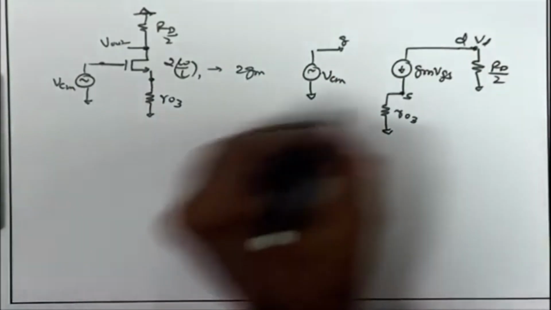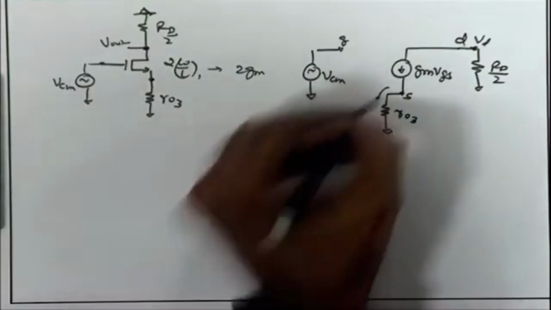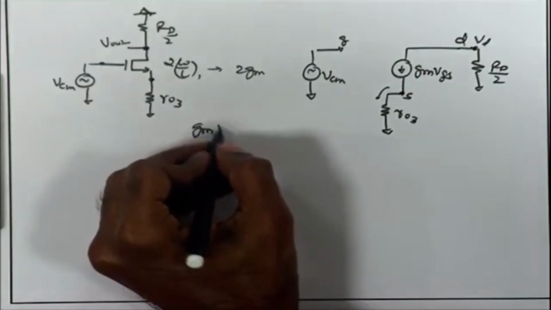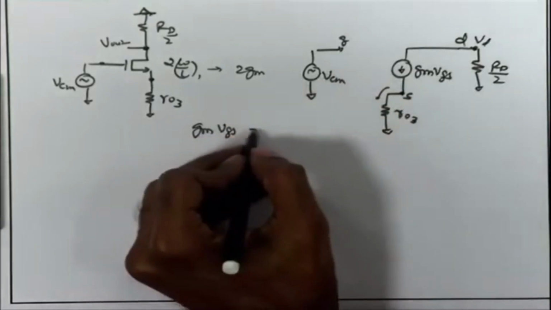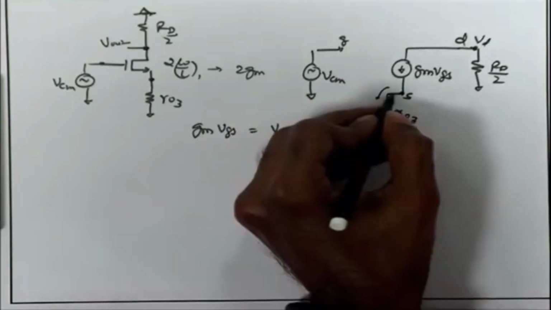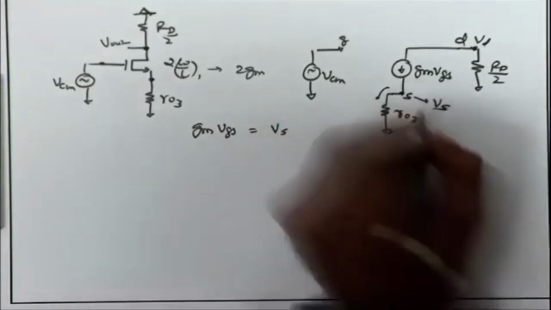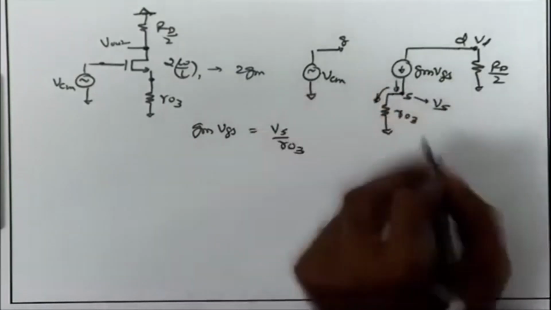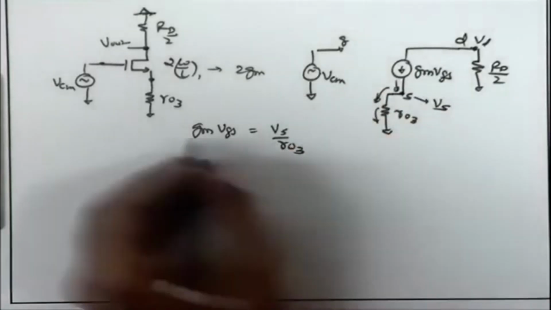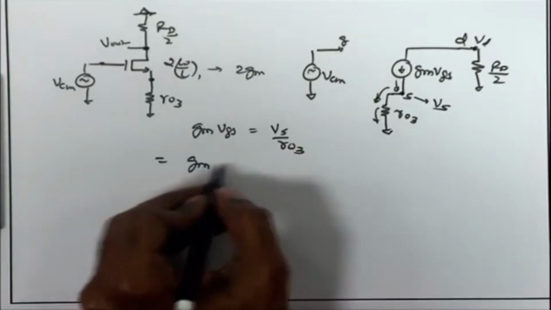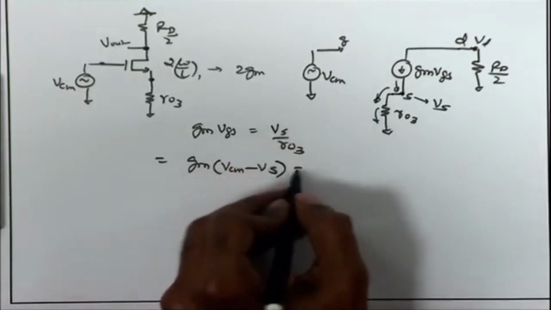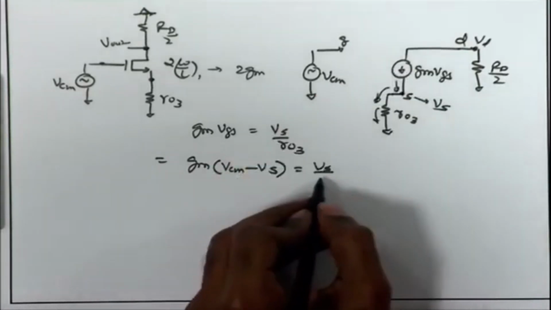So, I can write the KCL over here. GM VGS is the current coming here, which is just equal to Vs, the node voltage over here, upon RO3. Whatever current comes, the same current goes. Vs upon RO3 is the current flowing through RO3, which is equal to GM VGS, where Vg is VCM, and Vs is the source voltage.